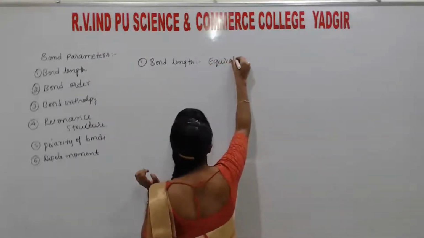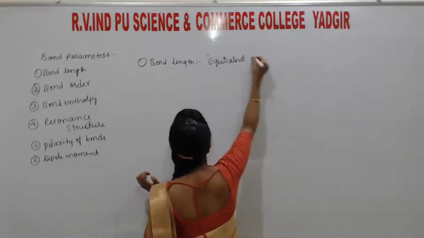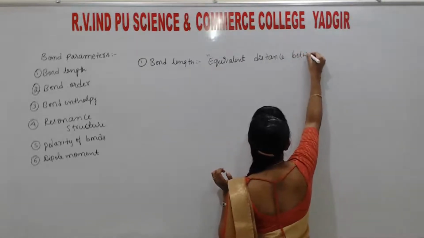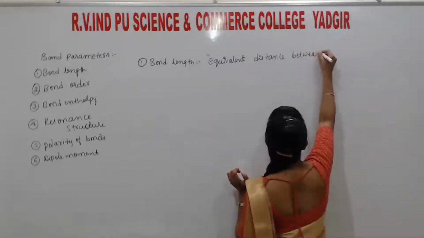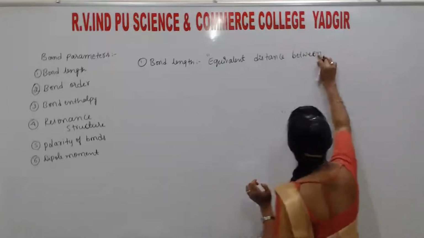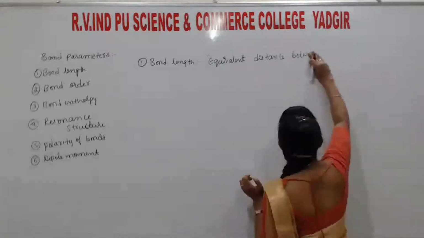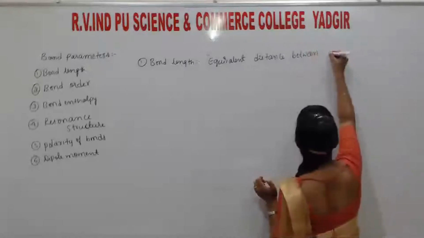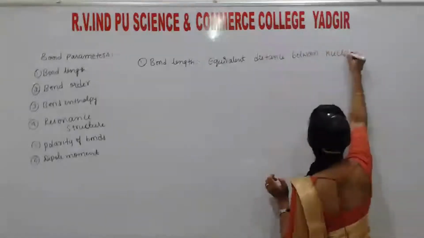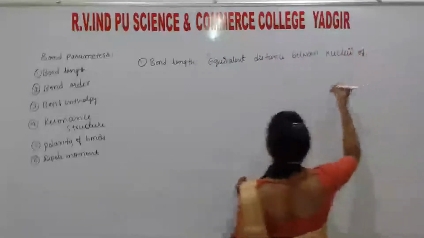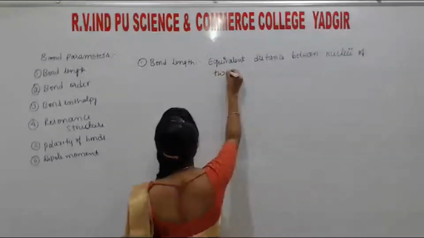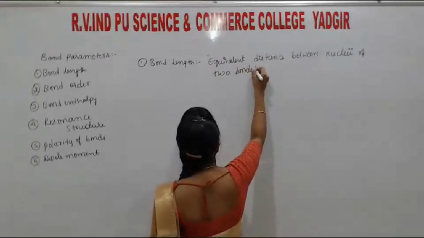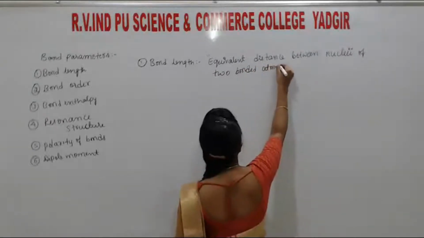The equilibrium distance between the nuclei of two bonded atoms.